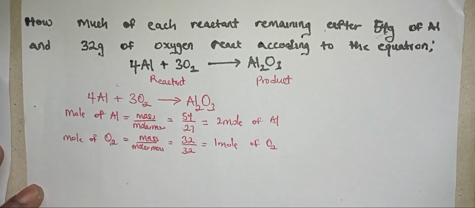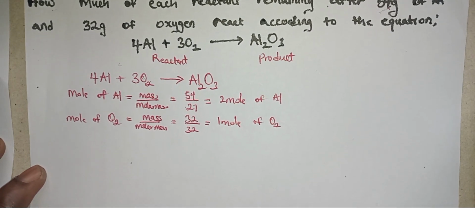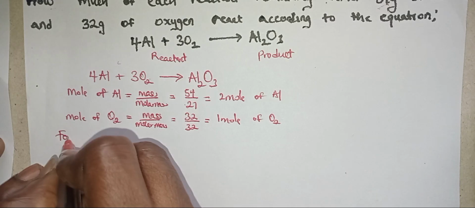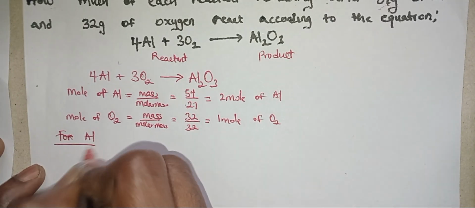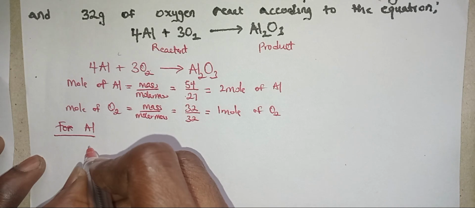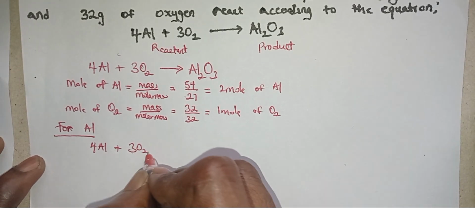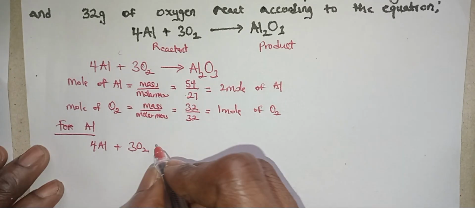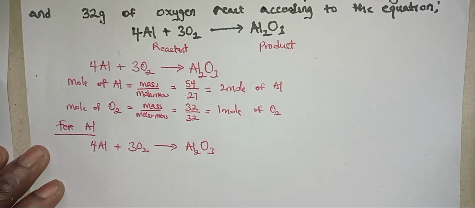After we have found the normal mole, we now find the limiting reagent and the excess reagent. Let's start with aluminium. I want to solve for whether the aluminium is going to be my limiting reagent or excess reagent. So I will write the equation again: 4 Al plus 3 O2 to produce Al2O3.